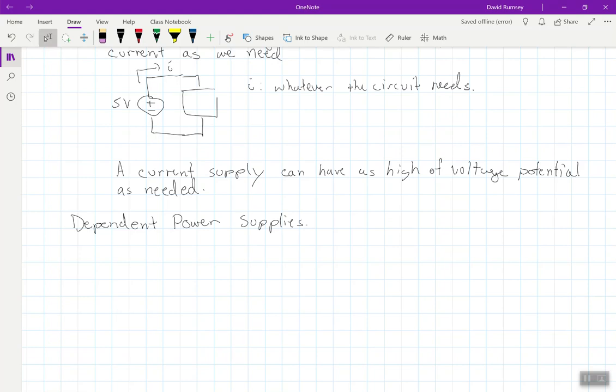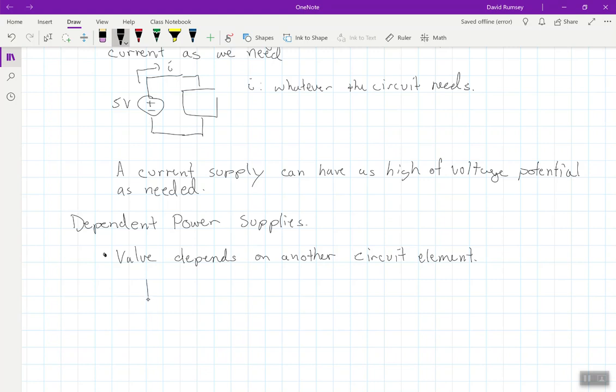But the key thing here is the value depends on another circuit element. So the value of these dependent power supplies, hence the name, depends on another circuit element.